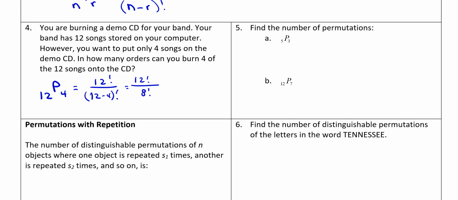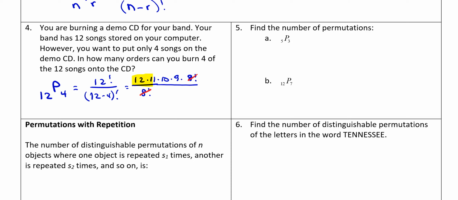If we're doing this by hand, and I'll show you how to use it in the calculator in just a minute, 12 times 11 times 10 times 9 times 8, I'm going to write that as 8 factorial, because 8 factorial means 8 times 7 times 6 times 5 times 4 times 3 times 2 times 1, which allows me to cancel out with the denominator. If you were to use your fundamental counting principle, you would have had 12 times 11 times 10 times 9.